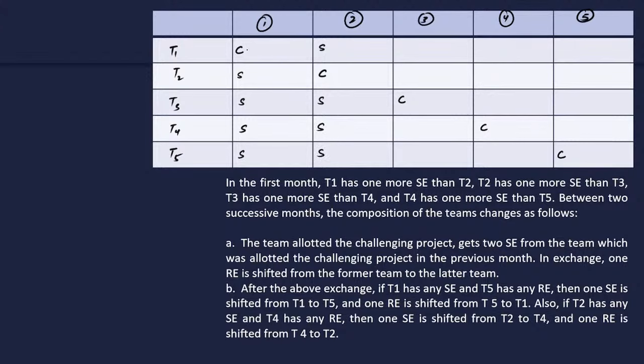A challenging project will have 5 employees, 4, 4, 4 and 4. Okay. Standard 4, challenging 5, 4, 4 and 4. Standard 4, standard 4, challenging 5.